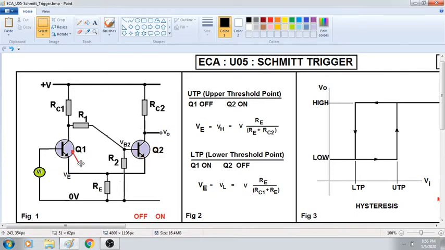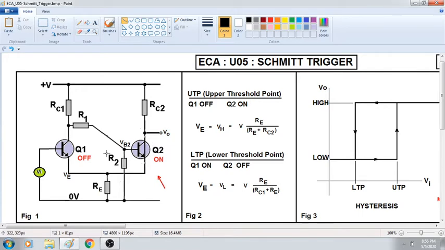Now because Q1 is off, this transistor is not connecting the collector to the emitter. Q1 is off and Q2 is on. So what is happening because of this? The collector and emitter of Q2 are getting shorted, so this switch is getting shorted like this.